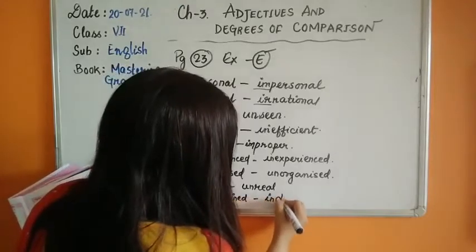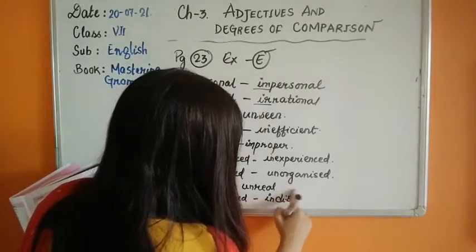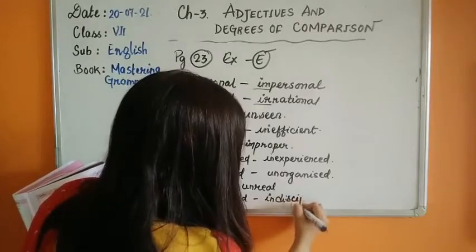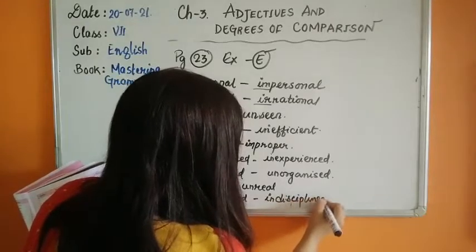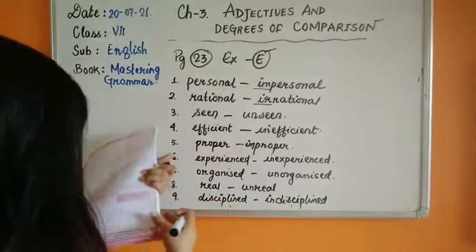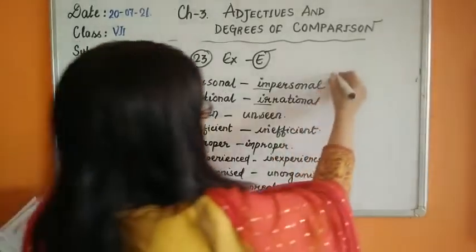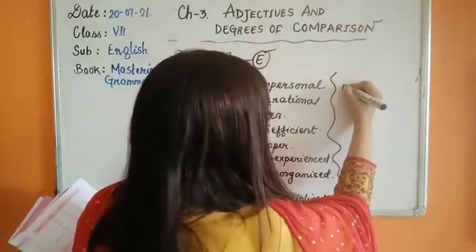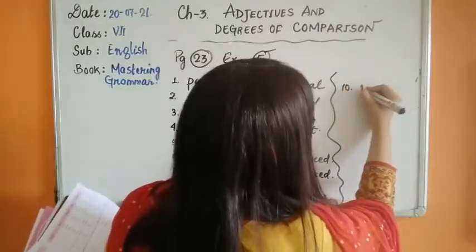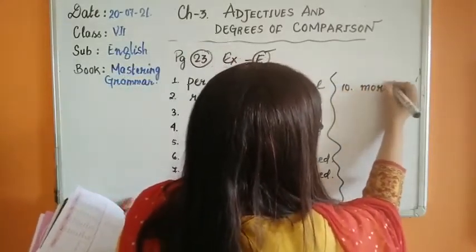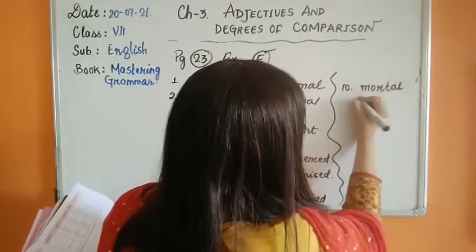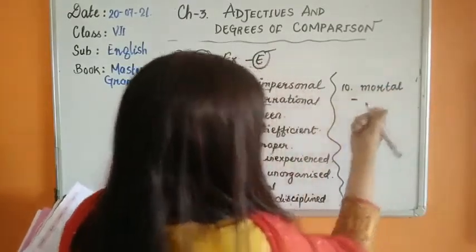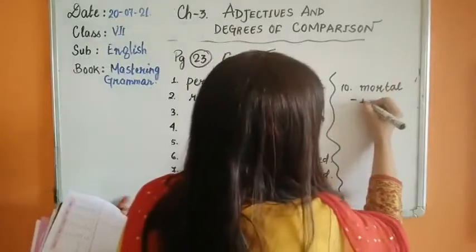Indisciplined. Yes. Now number 10, the last one, because we don't have space down there, so we are writing it here. Mortal. Mortal means who can die, which is not eternal, so it becomes immortal.